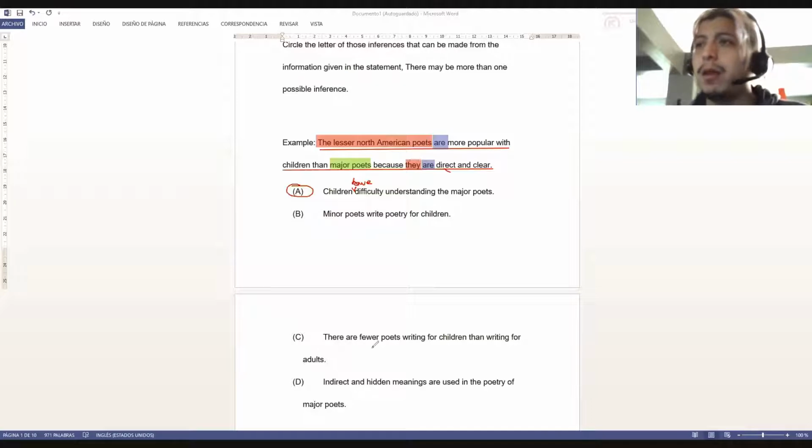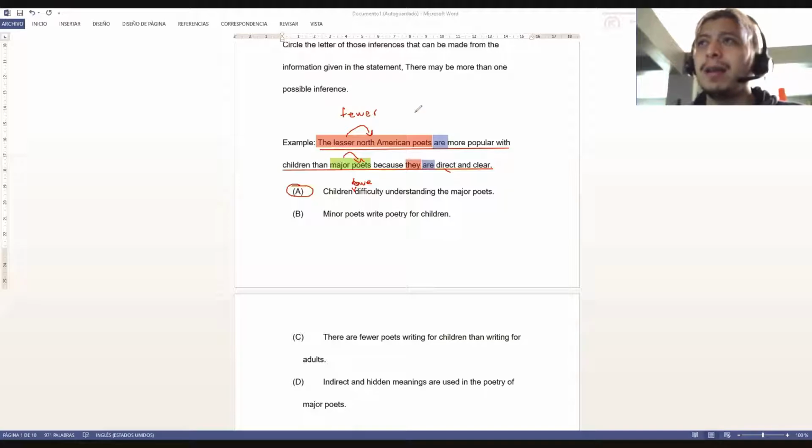C, there are fewer poets writing for children than writing for adults. It says lesser, but when they say lesser North American poets, it's just an adjective contrary to major poets. You have the lesser poets and the major poets. It doesn't mean fewer.